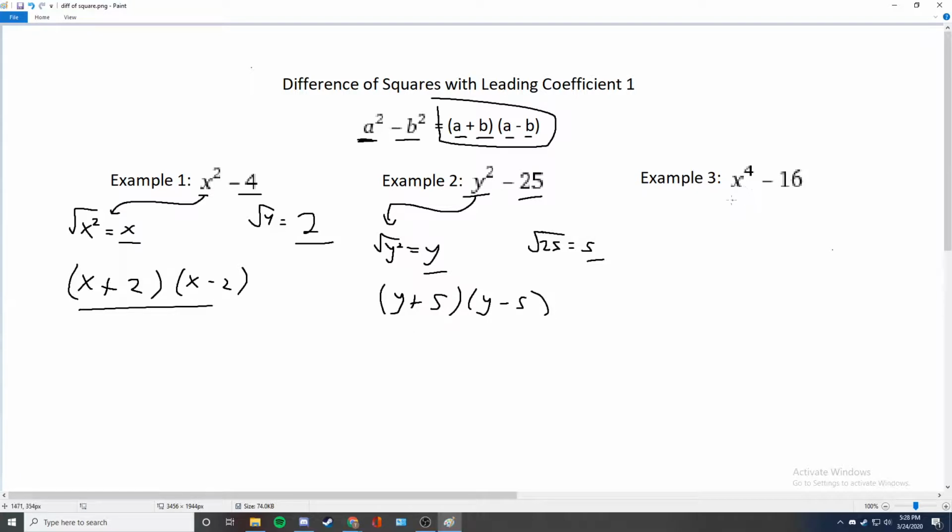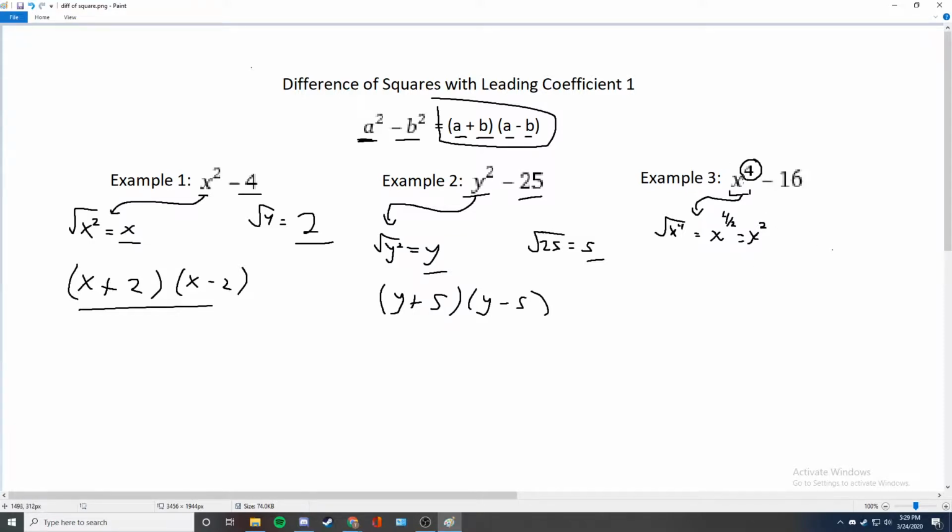So now, example 3, it's a little bit more tricky, because instead of a squared on top here, we've got x to the 4th. Now, in reality, x to the 4th is a perfect square. The square root of x to the 4th is really going to be x to the 4th divided by 2, or x squared.